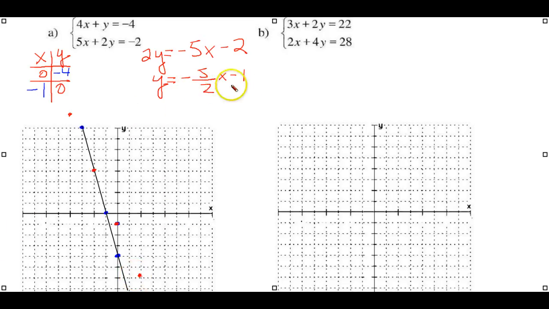So for this one, I put my dot on -1, and my slope is negative, so over 2 up 5. And notice we have a spot of intersection right there. But I'm going to put my line in there. And it will look something like so.